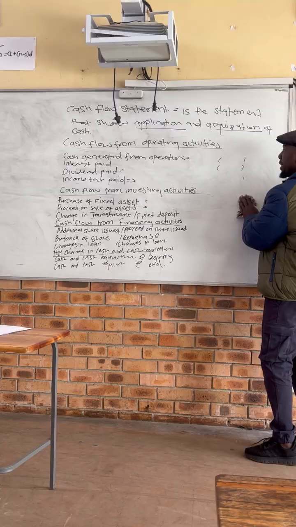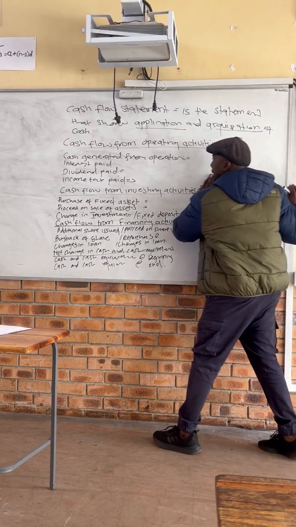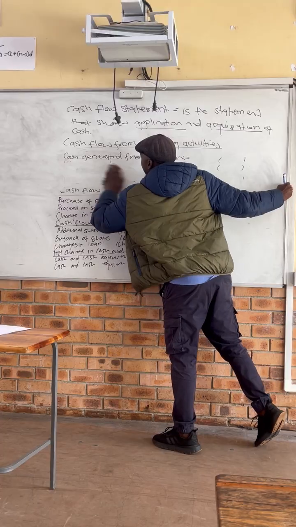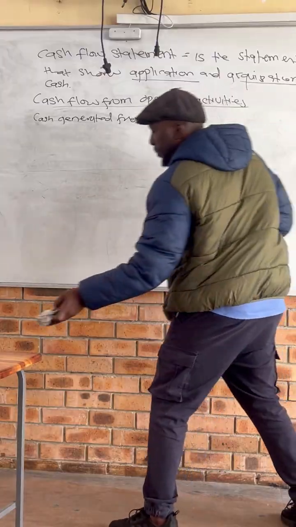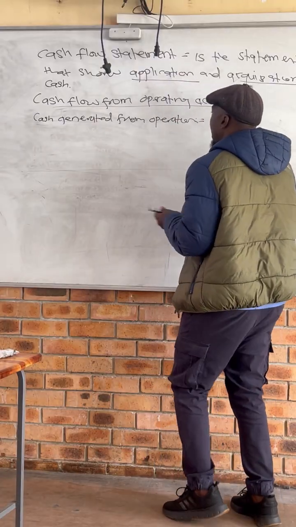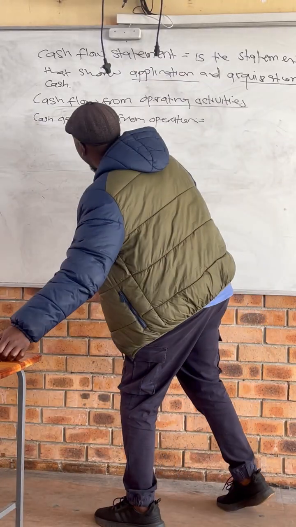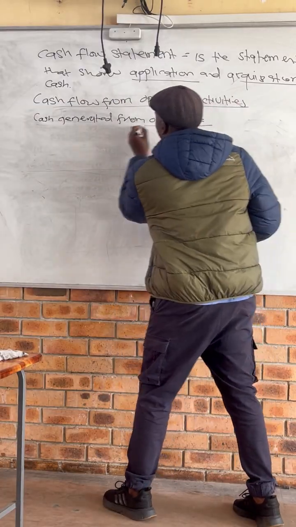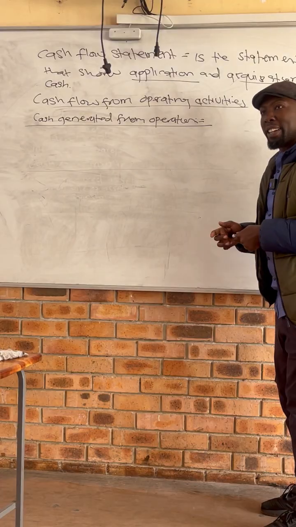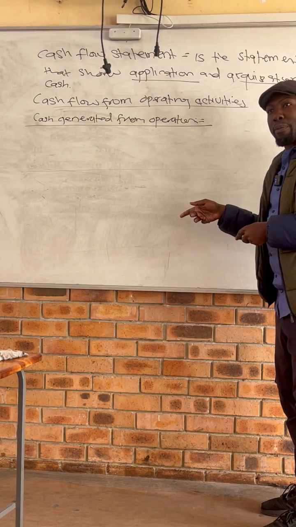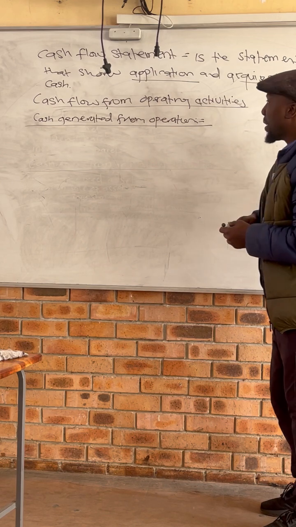Now, guys, let's go to cash generated from operations. We need to deal with these notes separately. Number one, it's a reconciliation between net profit before tax and cash generated from operations. And it is the note.